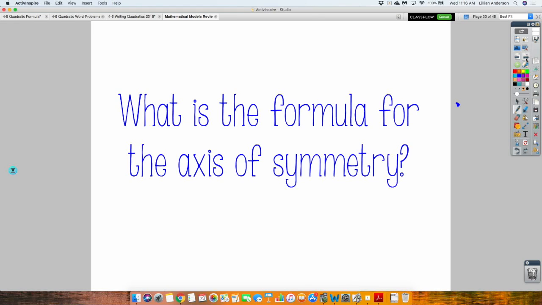What is the formula for the axis of symmetry? What's that formula? Write it down. Formula for axis of symmetry. What is it? Write it down on your desk. Okay. You guys, remember the axis of symmetry is an equation, so you need to have what to start it? What else with the equal sign?